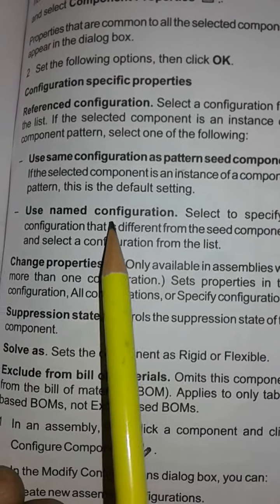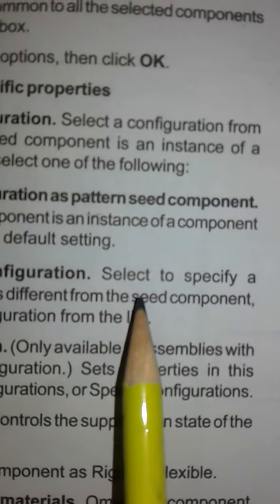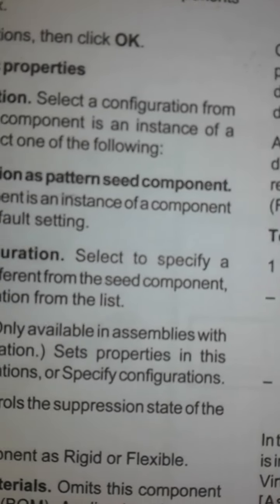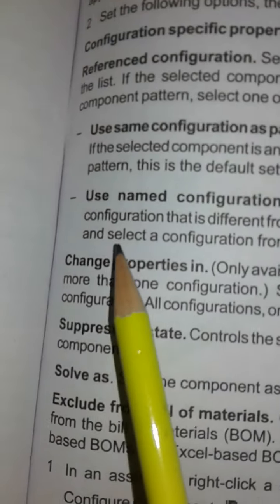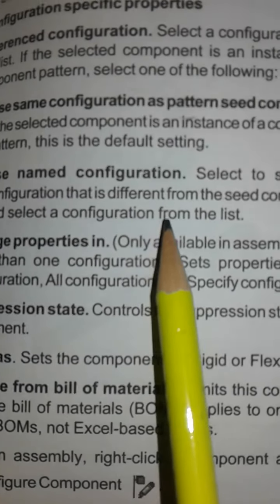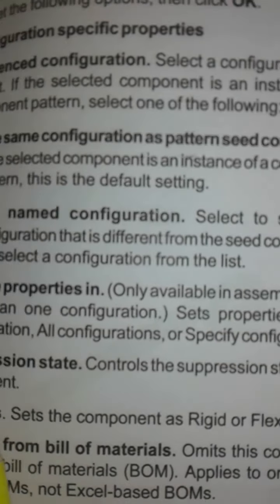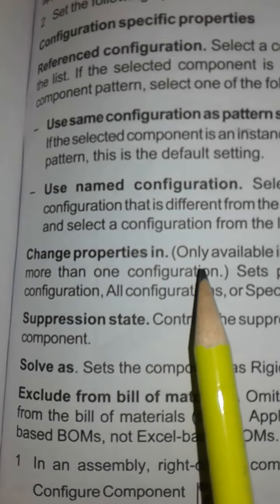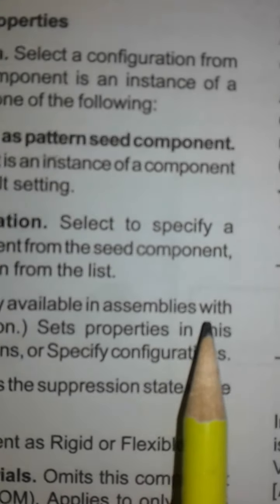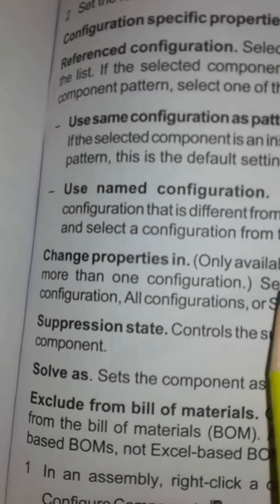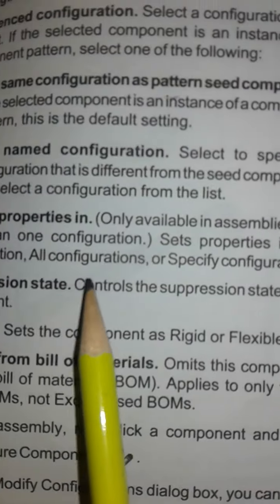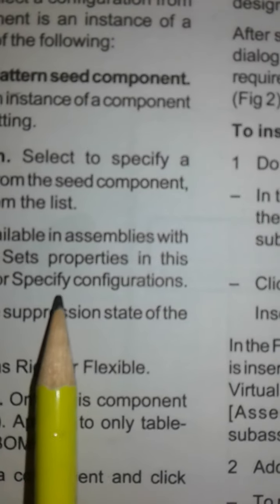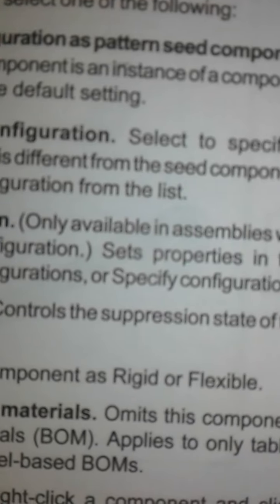Use named configuration: select to specify a configuration that is different from the sheet component and select a configuration from the list. Next, change properties in only available in assemblies with more than one configuration. Sets properties in this configuration. All configurations are specify configurations.